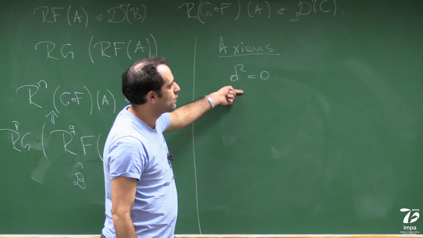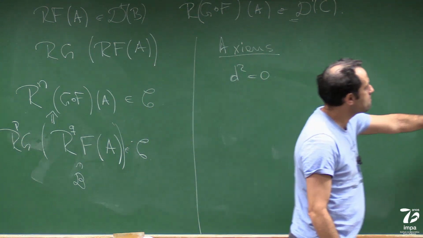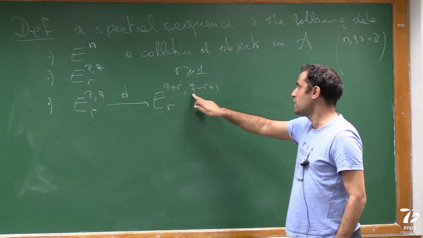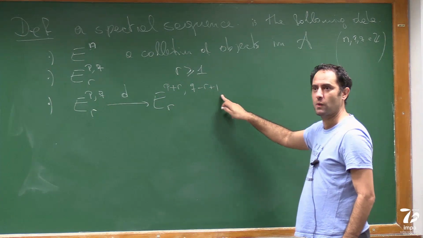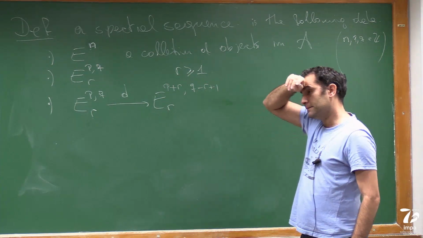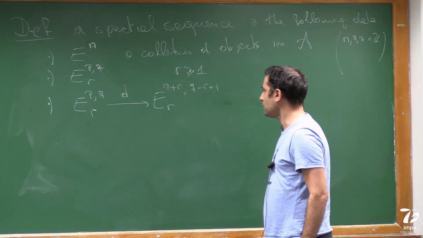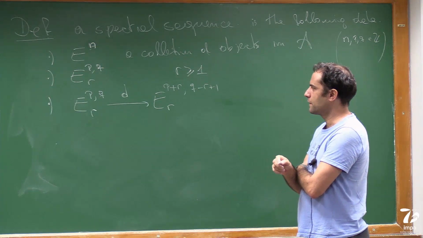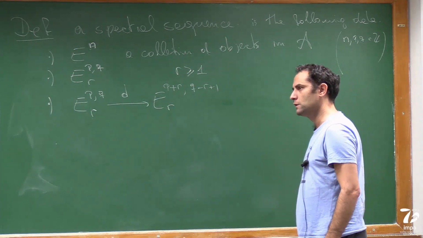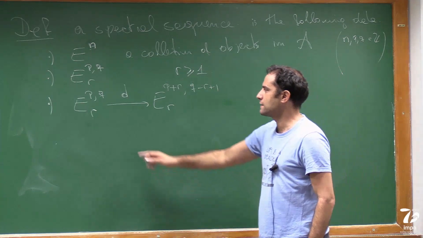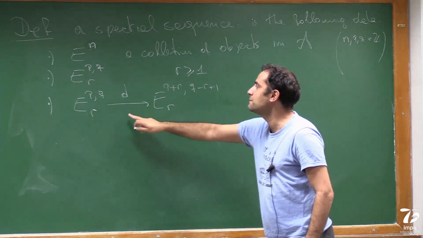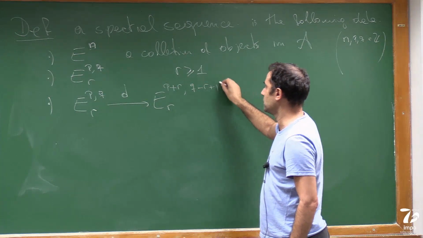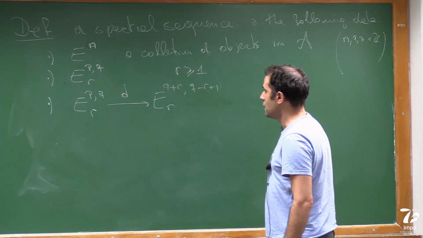But d squared is a map now from E_r^{p,q} to E_r^{p+2r,q-2r+2}. Okay, so that composition is 0, so that this becomes a complex if I put here a dot and a dot in here. Okay? So this is a complex.